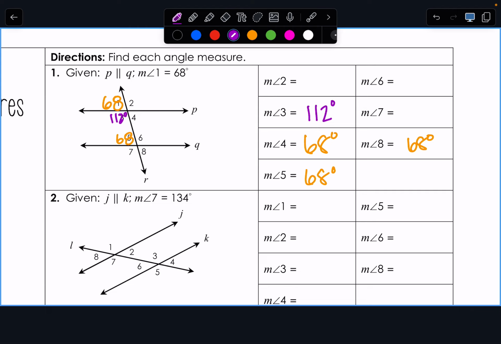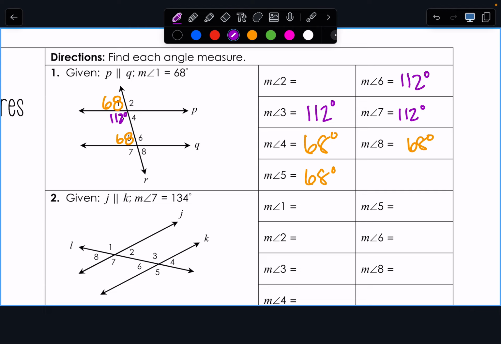So you can find the rest a lot of different ways, right? We know that angle 7 corresponds with angle 3, so they have to be the same. We know that angle 3 and 6 are alternate interior angles, so they have to be the same.